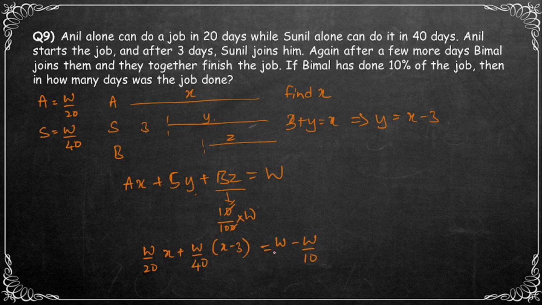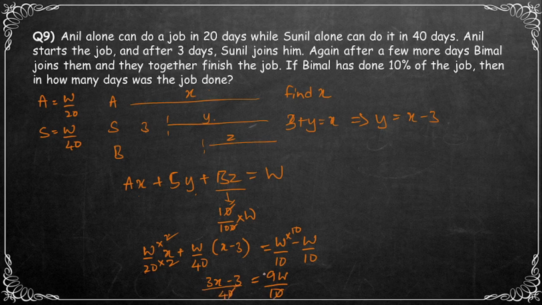In order to make the denominator the same, this should be multiplied by 10, and for 20 and 40, the LCM is 40, so multiplied by 2. So here we have 2x plus x minus 3. 2x plus x is 3x minus 3 is equal to 10W minus W, 9W by 10. Here we have divided by 40.